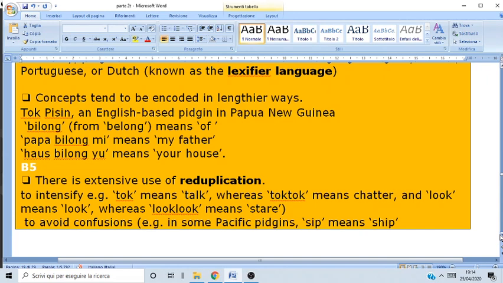For instance, concepts that would take one word in English are said through 3 or 4 words in Pidgins, like "papa belong me", that is, my father. Or cases of reduplication, which are used either to intensify or to avoid confusion. So "talk" means talk, and "talk talk" means to chat, to talk a lot.